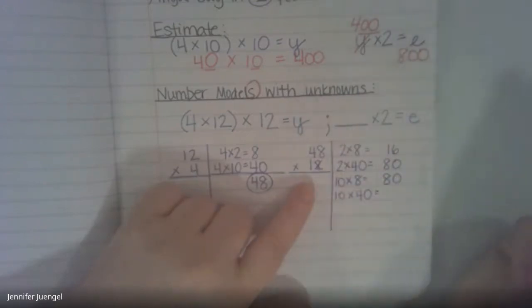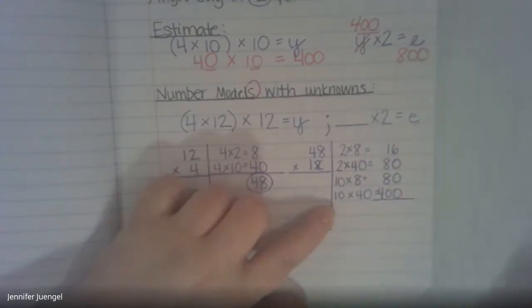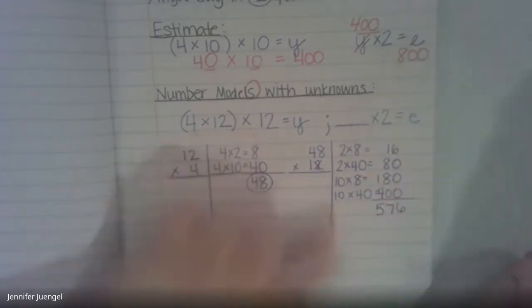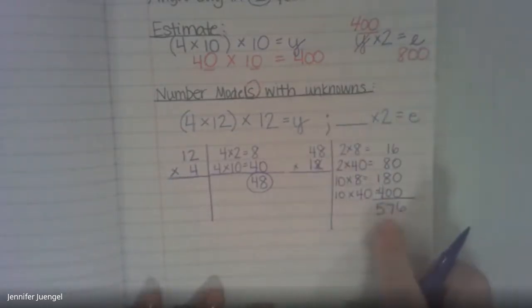Use what you know about base 10 answers. 1 times 4 is 4, and there are 2 zeros. Now let's add all those up and see what we get. 6, 16, 17, carry the 1, 4 plus 1 is 5. So y equals 576.